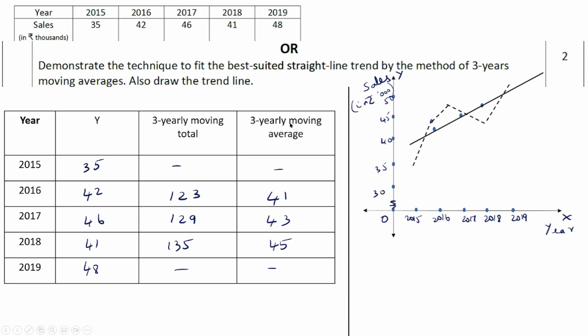And then we have the trend line which is drawn using the 3 yearly moving average. So for 2016 it is 41, for 2017 it is 43, and for 2018 it is 45. If we draw a line joining these 3 points, we will get the trend line using 3 yearly moving average. So the dotted line is the data, and the solid line is the 3 yearly moving average. So this is how we have to draw the trend line.